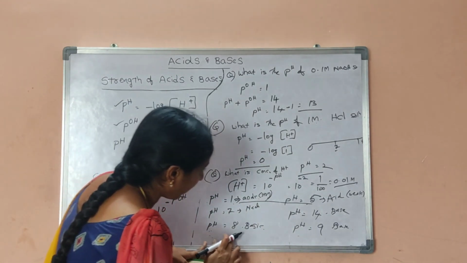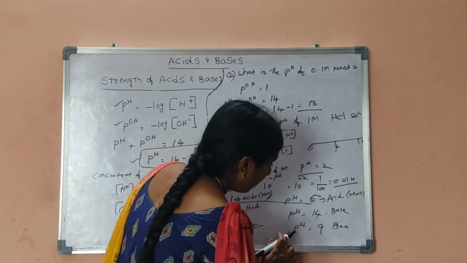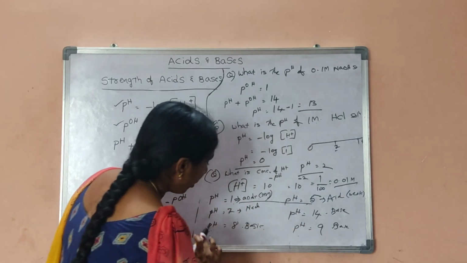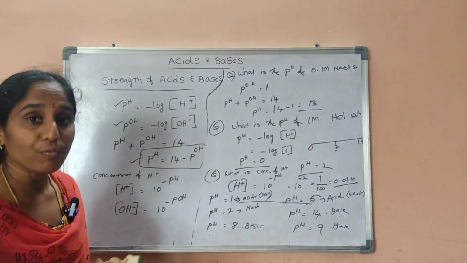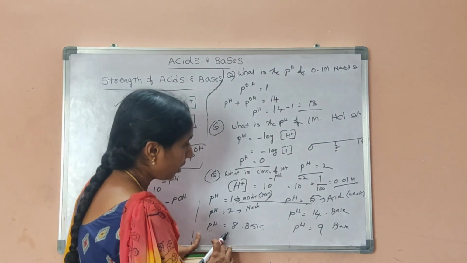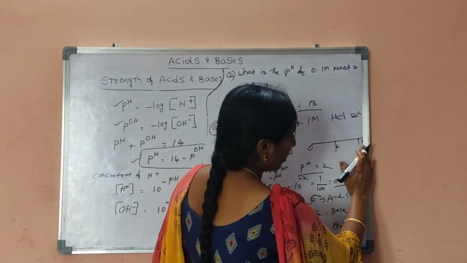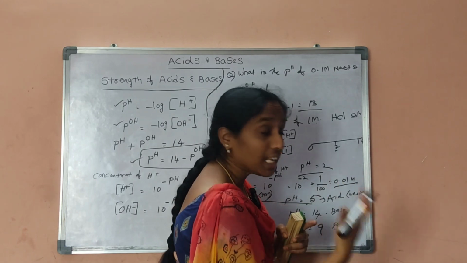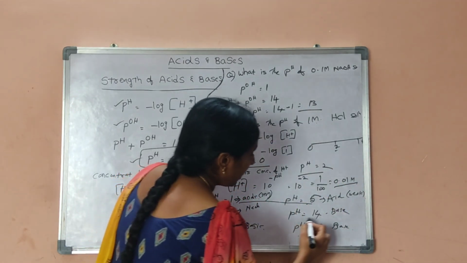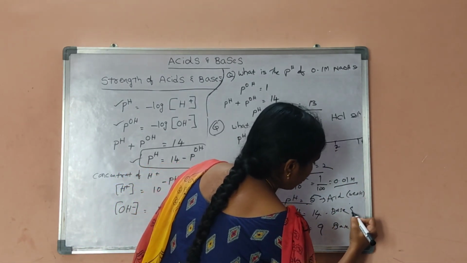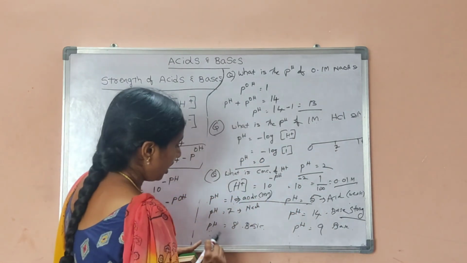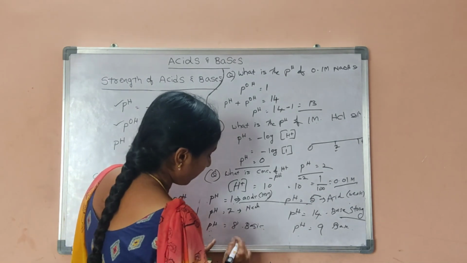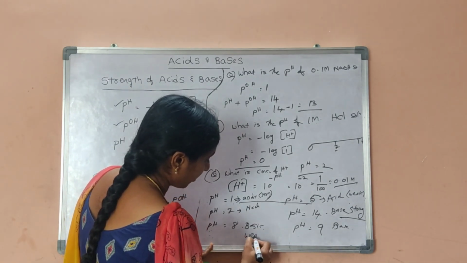Compare pH equals 8, pH 14, pH 9. Among these, which is the strong base and which is the weak base? From 7 to 14, basic nature is increased. So, pH equals 14 is the strong base. Here, pH equals 8 is the weak base.